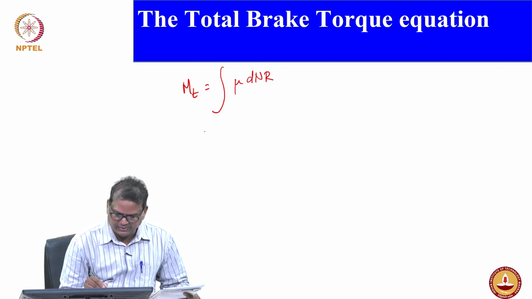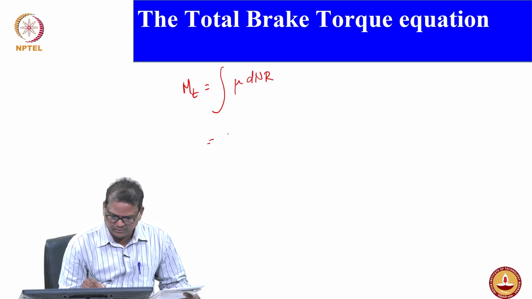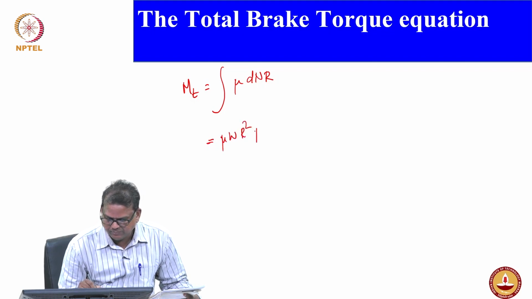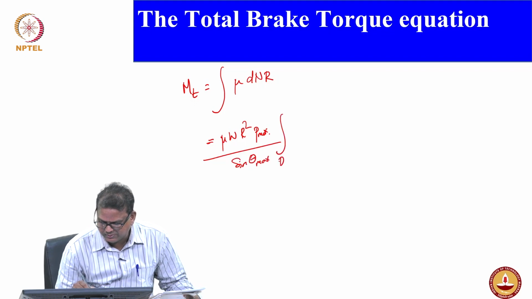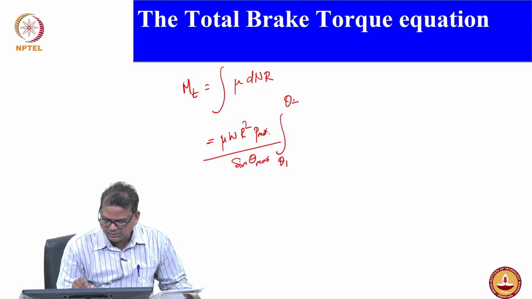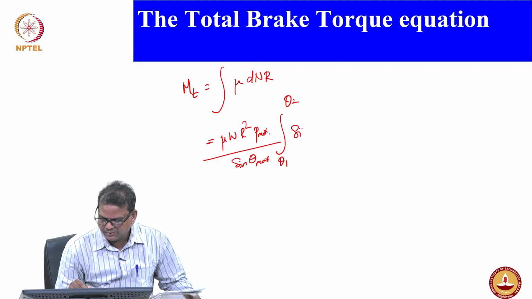If rewritten properly, it is mu w r square P max over sin theta max, integral from theta 1 to theta 2 of sin theta d theta.